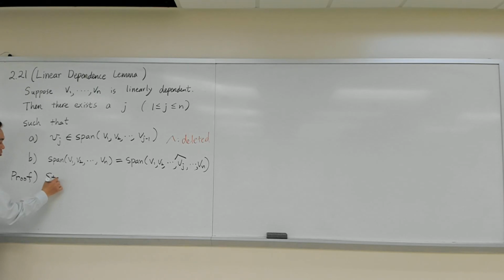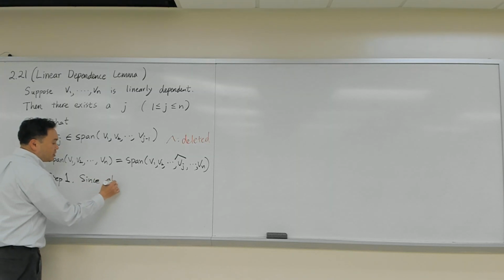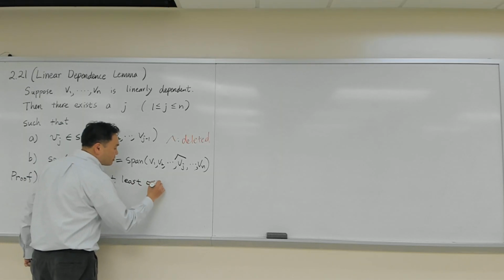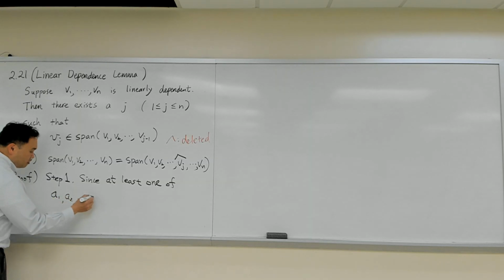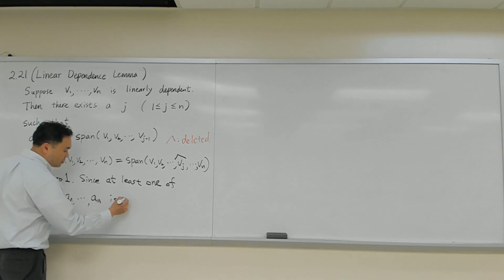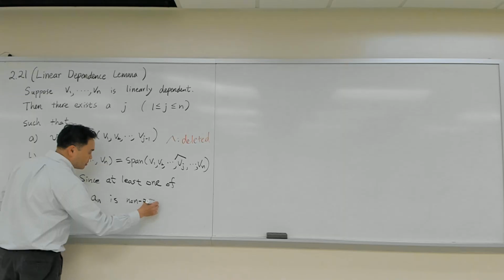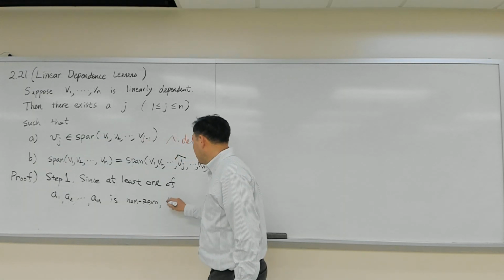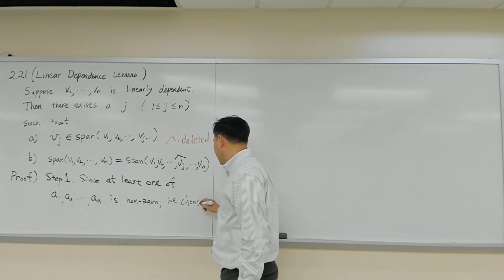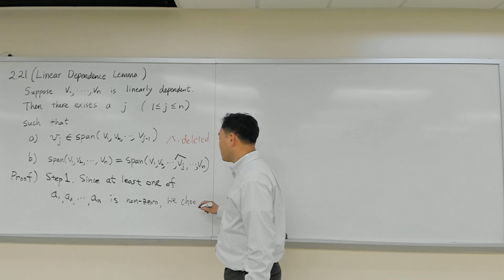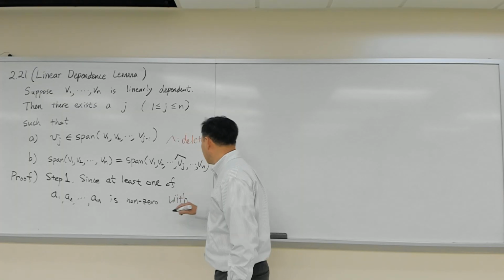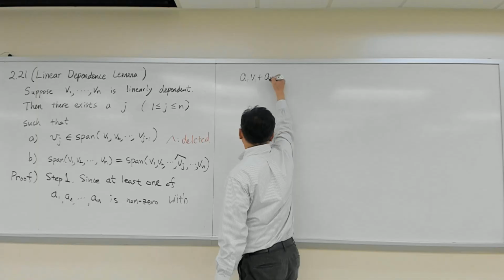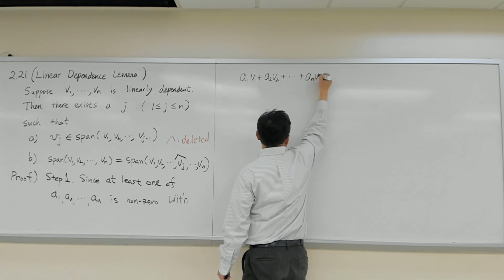So step one, since at least one of A1, A2, through An is non-zero, we choose non-zero coefficients with A1 V1 plus A2 V2 plus up to An Vn equals 0.